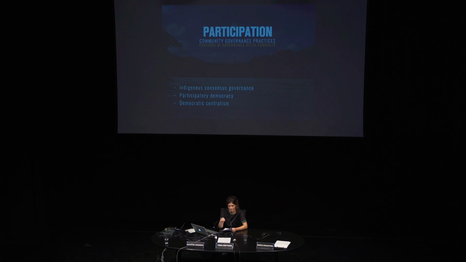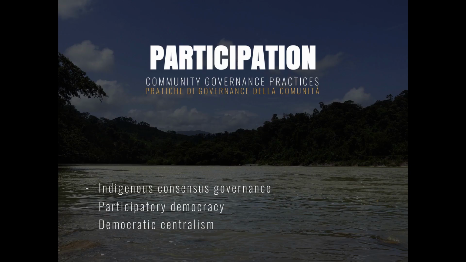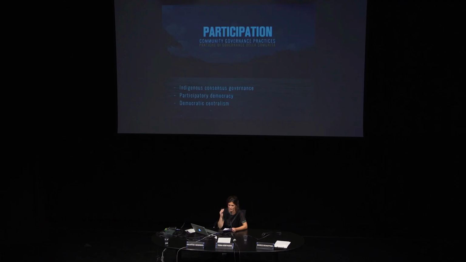And so to understand the emergence of specific participatory practices during this project, we have to get into community governance practices. And those are the result of three different historical, political, and cultural trajectories. So first of all, community organization is partly rooted in indigenous consensus governance, in which decisions are made through constant and repetitive deliberation and interaction between rotating authorities and councils.